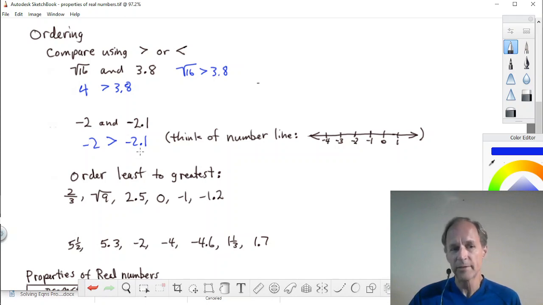It has a larger absolute value than negative 2. But right now, we're not talking about that. We're just talking about the numbers themselves, and negative 2 is greater because it is to the right. It's farther to the right. Negative 2.1 is less than negative 2 because it's farther to the left.